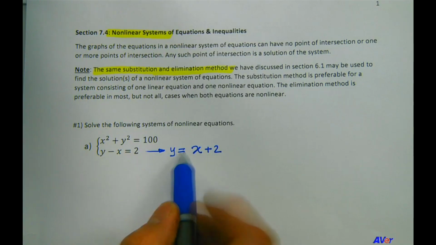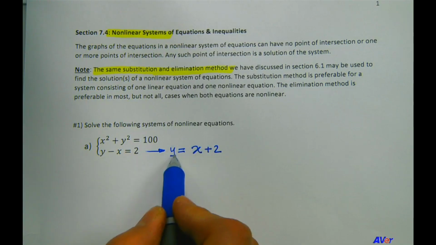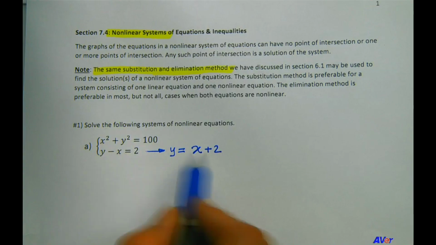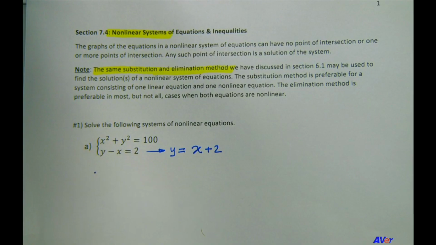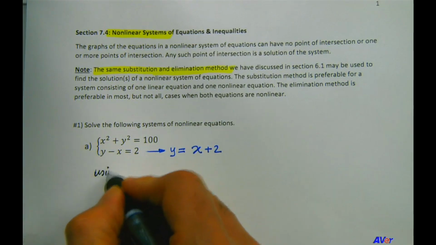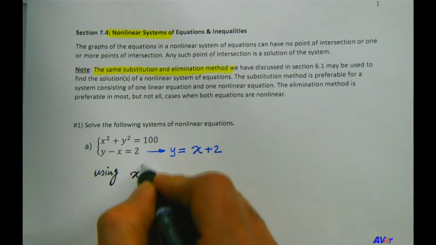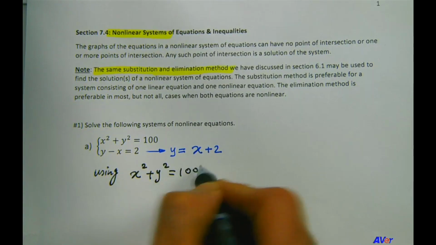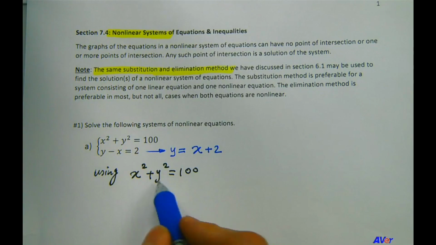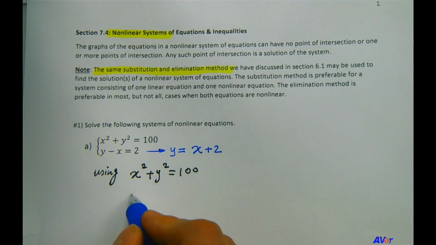Now I'm going to substitute for y in the top equation with this result, using x squared plus y squared equals 100. Let's substitute for y with this quantity.